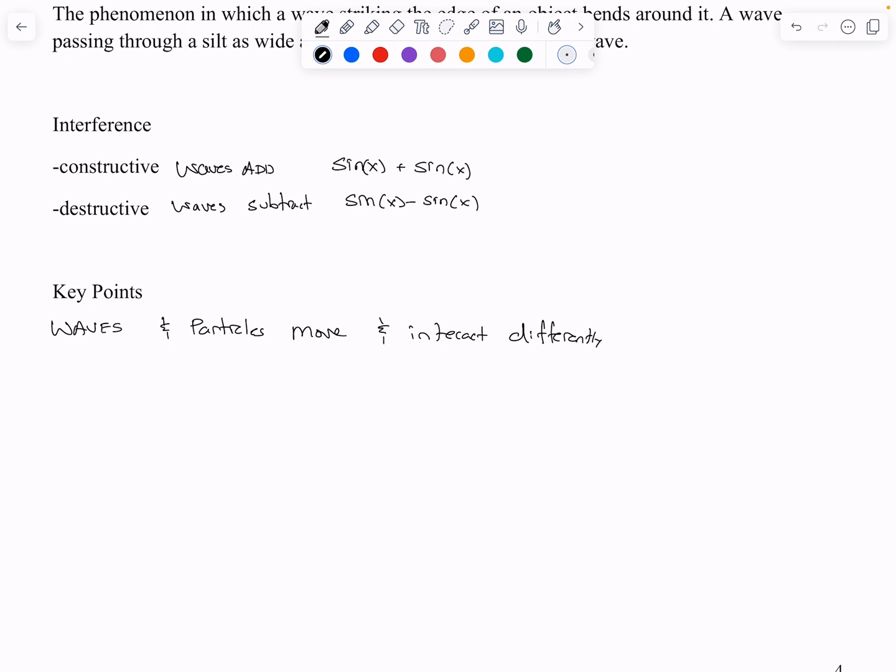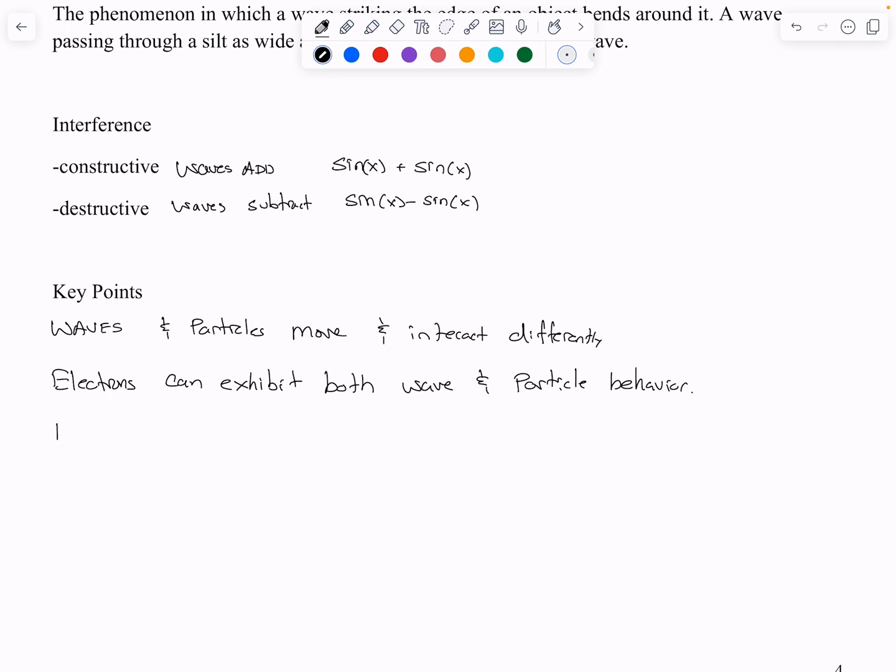Right? The other thing that we have learned is that electrons can exhibit both wave and particle behavior. So electrons can exhibit wave behavior, and electrons can exhibit particle behavior, which is really weird.